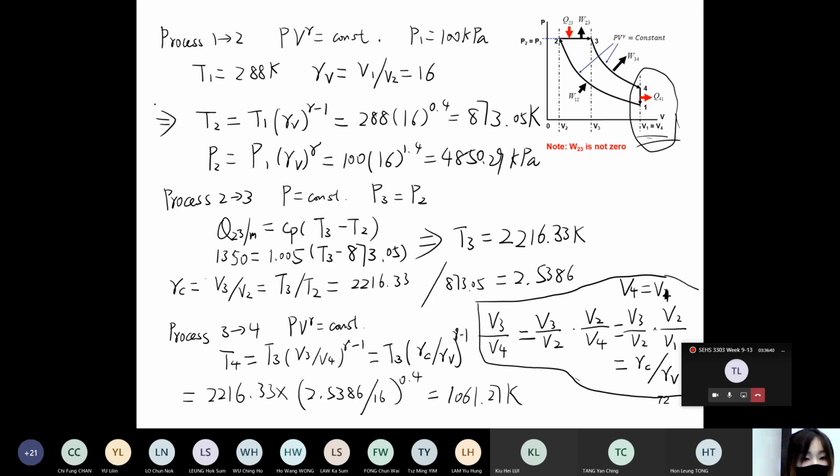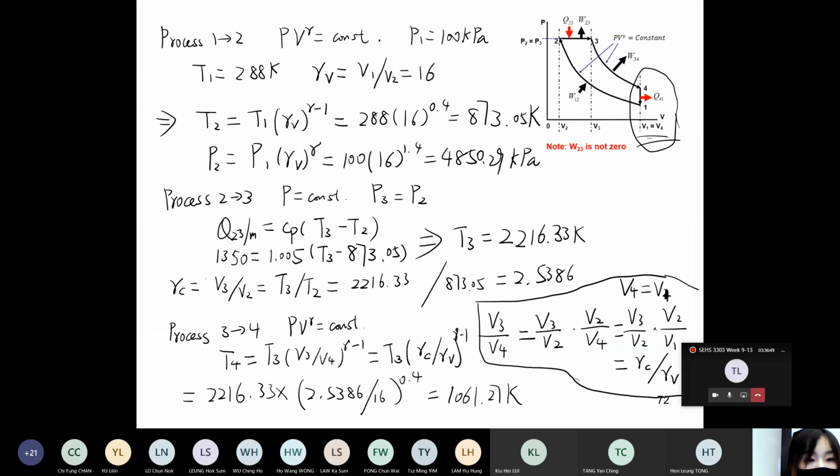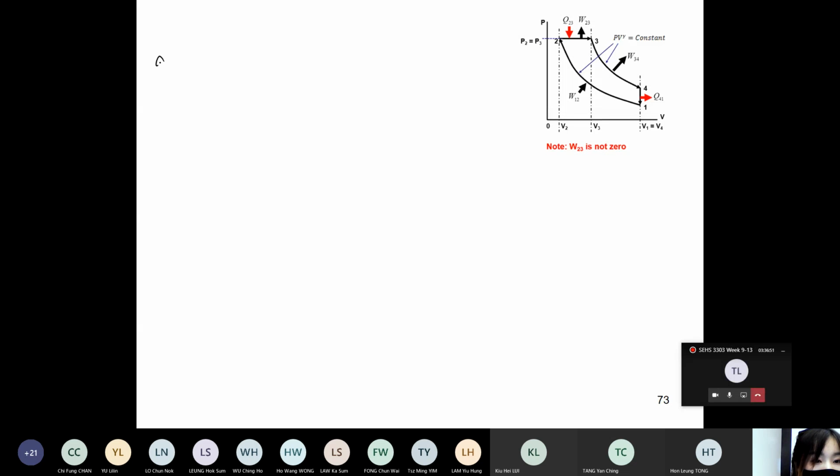Let's answer the question first. The maximum cycle pressure should be P2 or P3. We already saw it. So for question A, the answer should be P maximum equals P kPa.